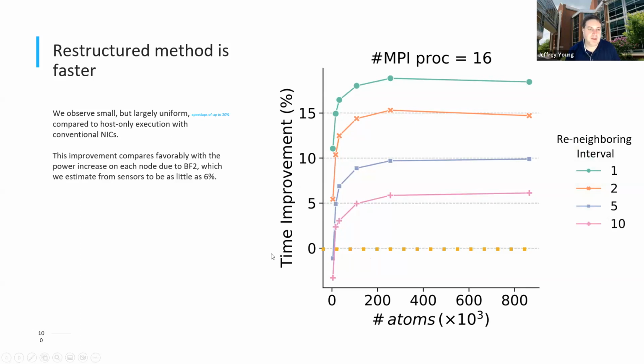Okay. So one thing that we found was that when we overlap some of this computation and communication, we noticed some small but noticeable speedups. So we got speedups of about 20% compared to the host-only execution.